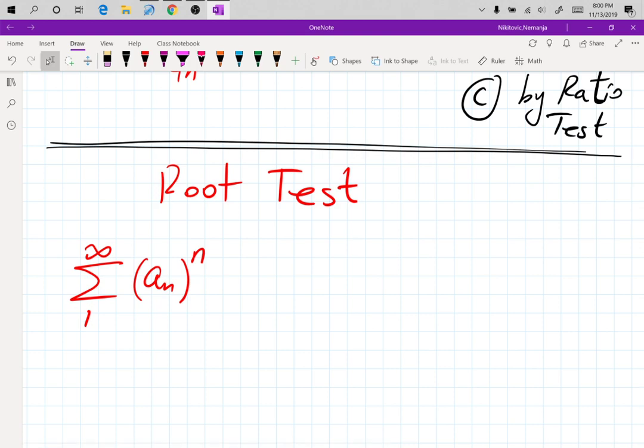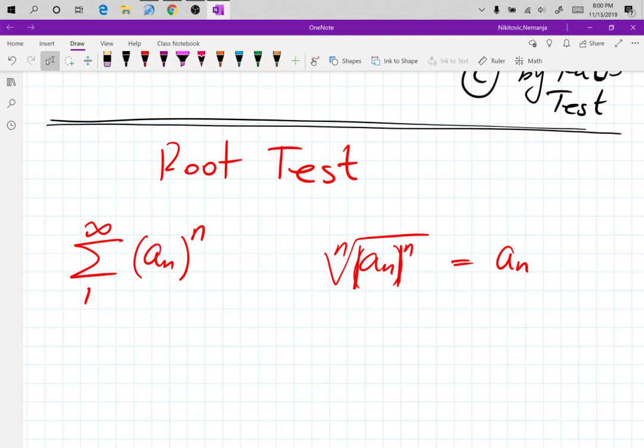So what you would do is you would take the nth root of a_n to the n, and these will be absolute values, obviously, because then these guys are going to cancel, and then you're just going to have a_n without that n. So the limit of a_n in this case, actually, you know, I'm going to write the whole thing.